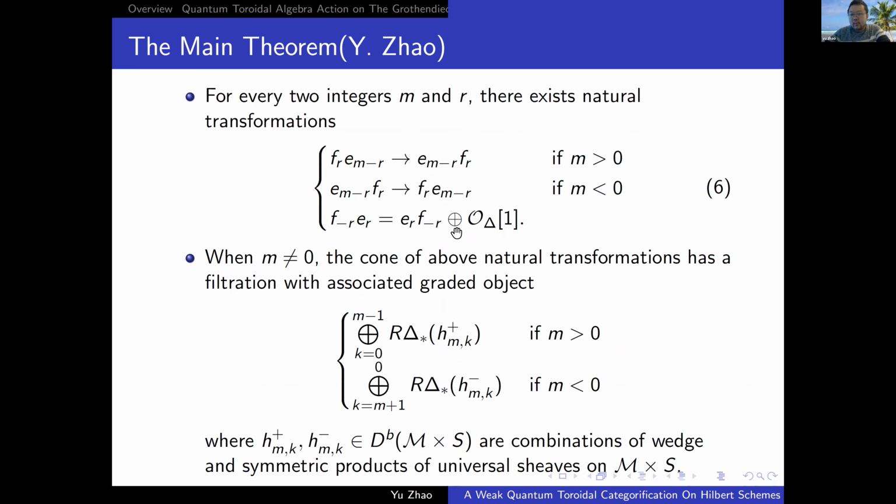So what we proved here contains several parts. First, there do exist explicit natural transformations from the operators F and E, and it depends on whether m is positive, negative, or zero.